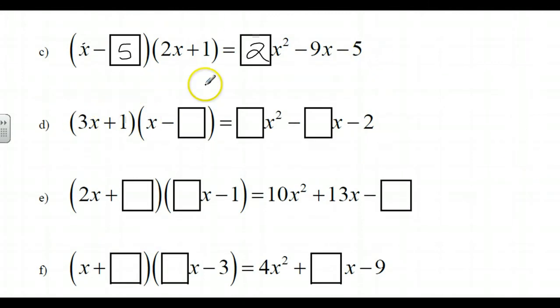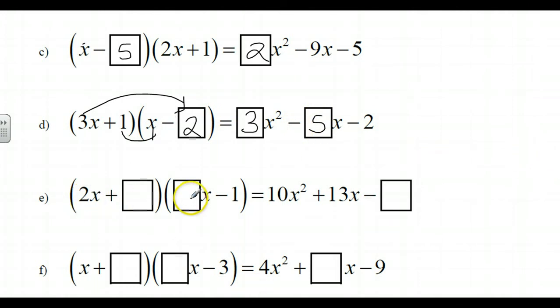Okay, 3x times x gives me 3x squared, so there's a 3 in that box. 1 times something is negative 2. Well, the only thing that 1 times something gives you is, in fact, a negative 2. And the middle term, well, let's see, that's the combination of minus 6x plus 1x. Minus 6 plus 1 is minus 5.